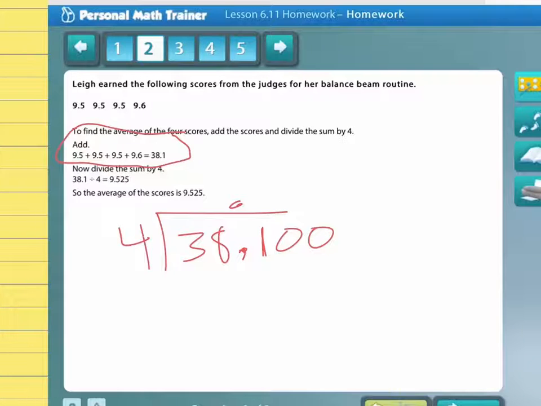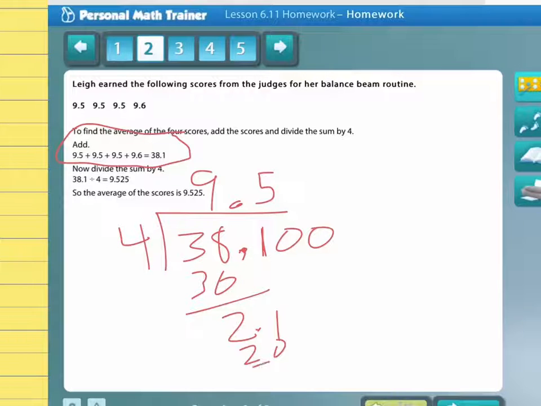So when you do your problem, make sure you're annexing some zeros. Make sure you annex a couple zeros after you put the decimal point there.